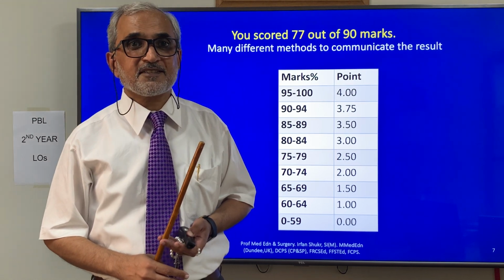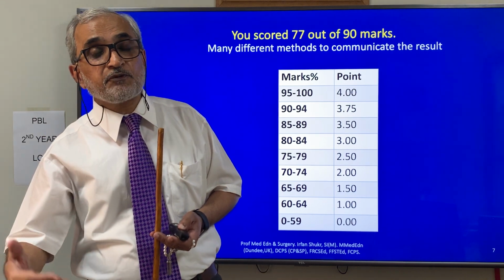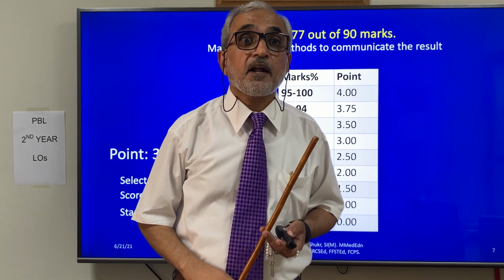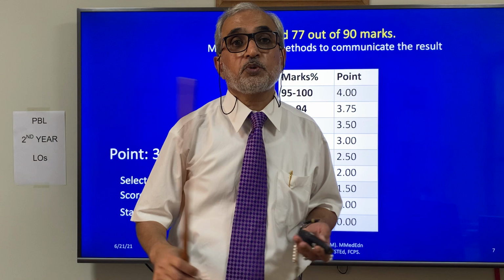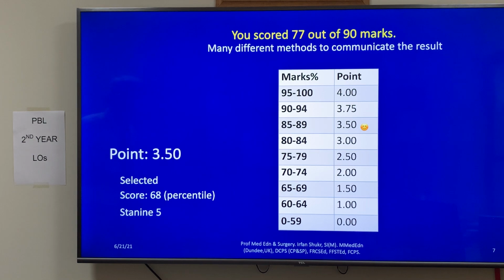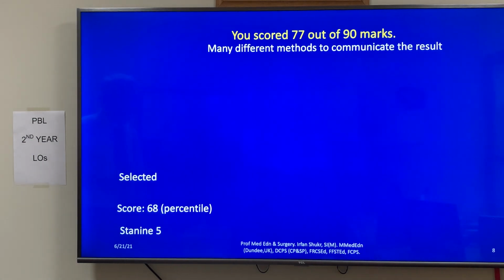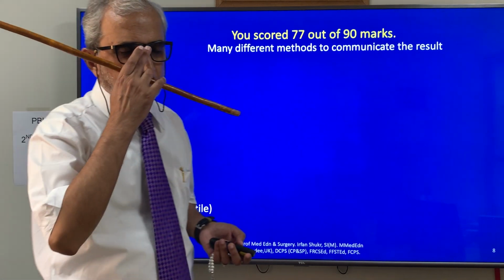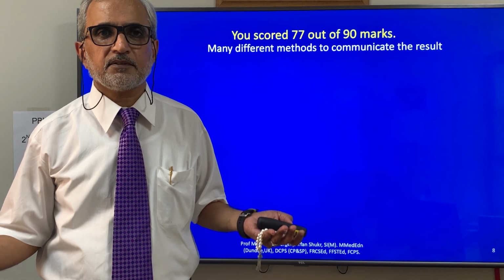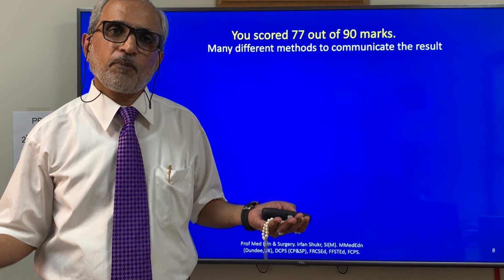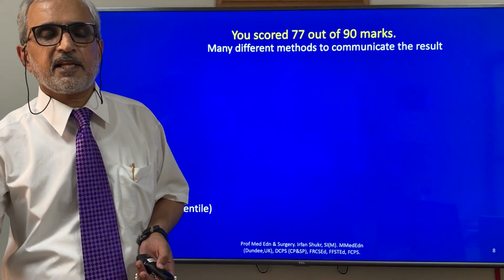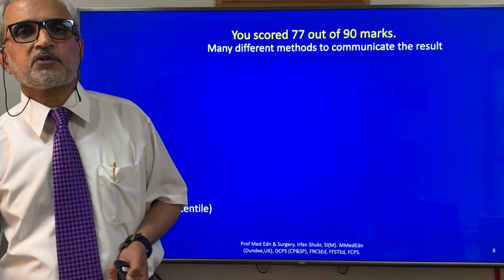If there are 6 semesters, then when the grade point averages are averaged, that would be the cumulative grade point average when the student is going to graduate. What about selected? Very simple. If there were 25 vacancies and 100 people appeared, whatever they scored, the top 25 were to be taken. So the result they will get for the first 25 is selected; the rest will be not selected.